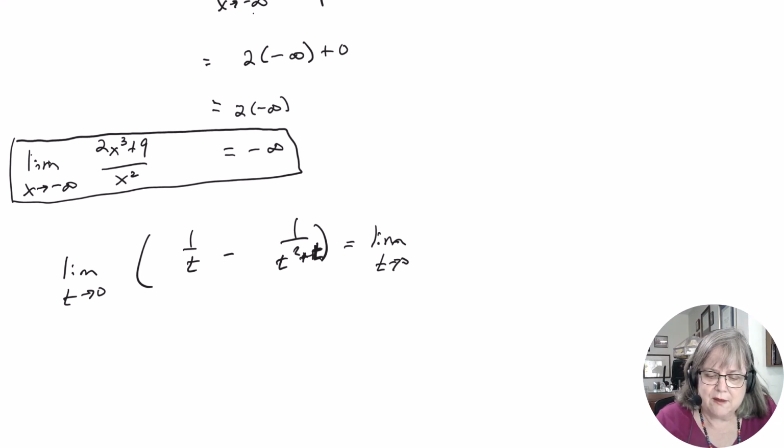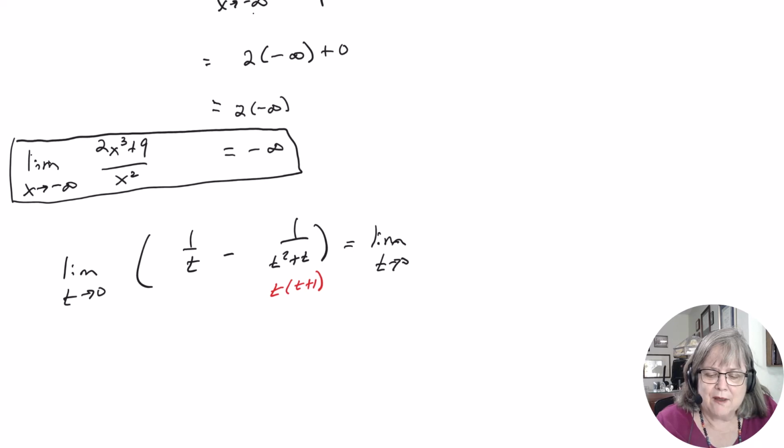So this denominator right here factors into t times t plus 1. Teaching y'all bad habits. I let my students do this. I don't know if your teacher will let you kind of work within the problem, the statement. Most probably will.